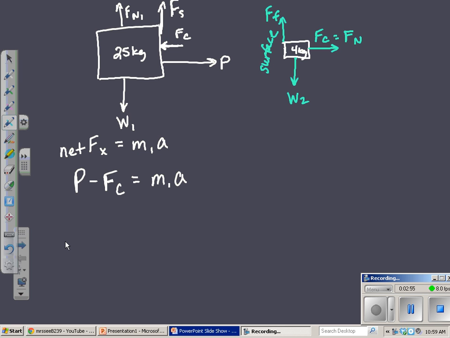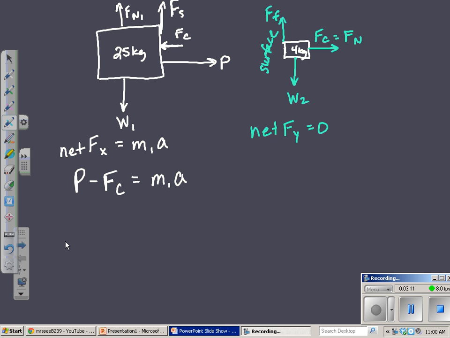So we can use those interchangeably because what we're going to be able to say is that my net force here in the y direction is roughly 0 because it's not moving.